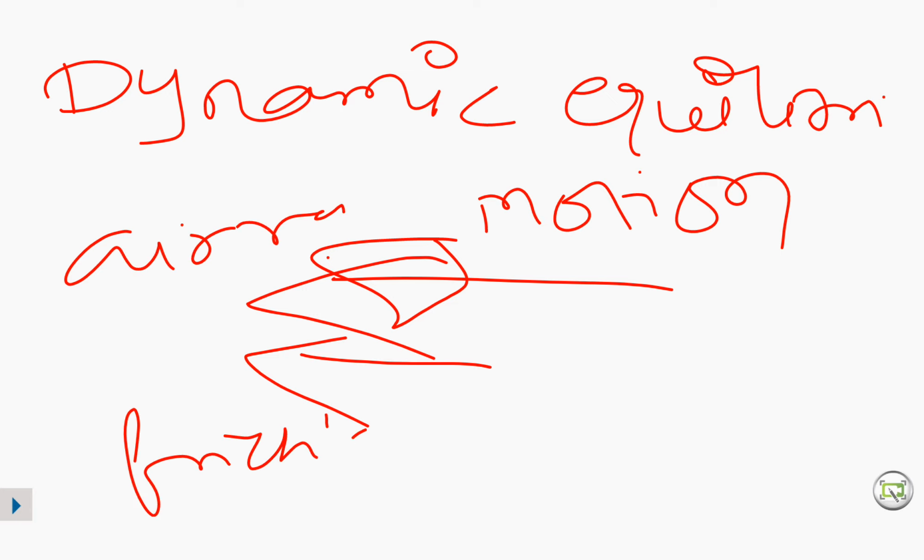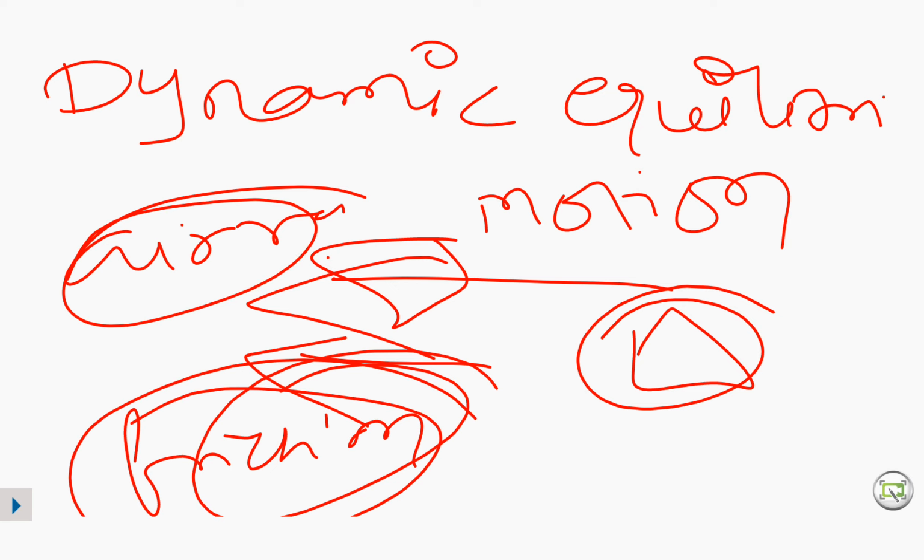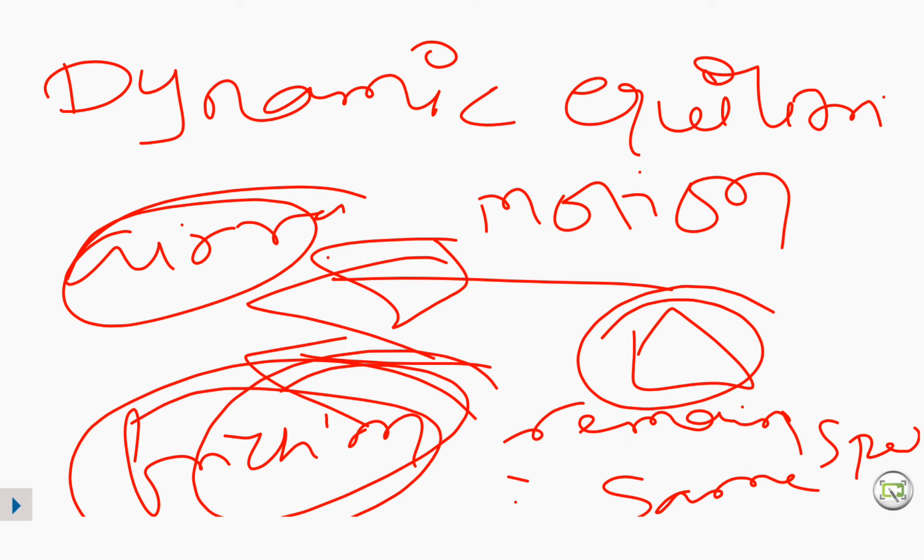Friction and air resistance will try to stop this object. These are the factors, the several forces, which will try to stop this object. Even though this object doesn't stop, it remains at the same speed as before.